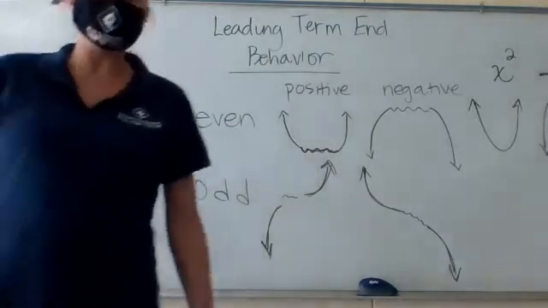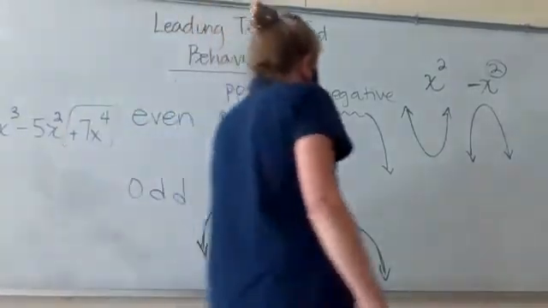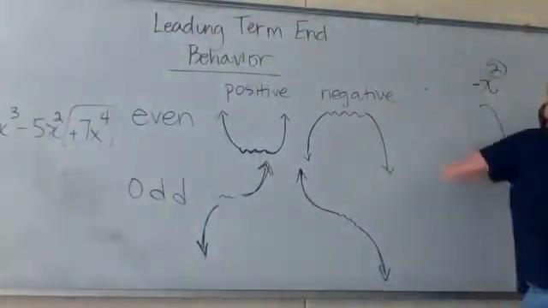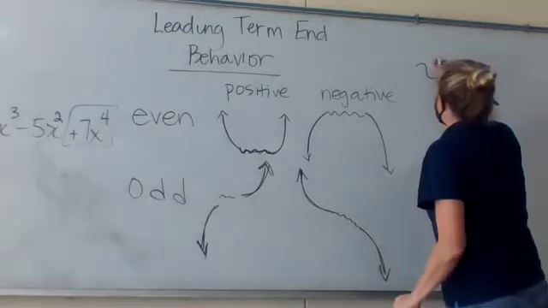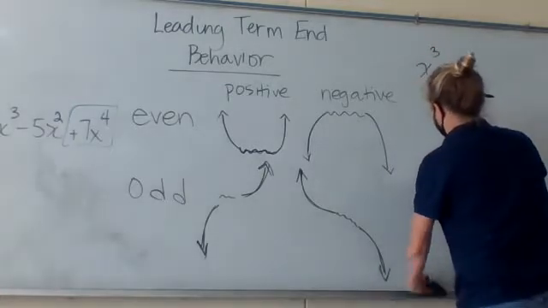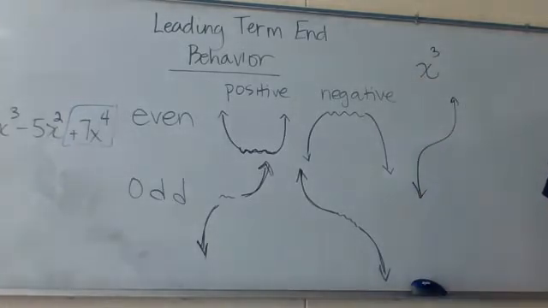So remember, we've looked at x cubed graphs before. If you graph x cubed on your calculator, it looks like that. My exponent is odd.